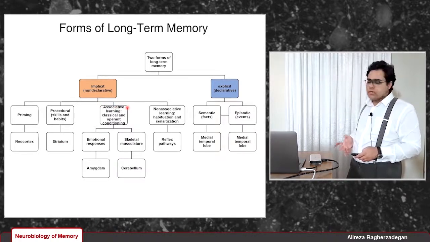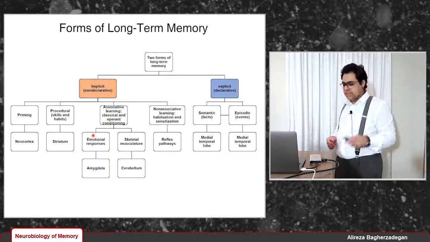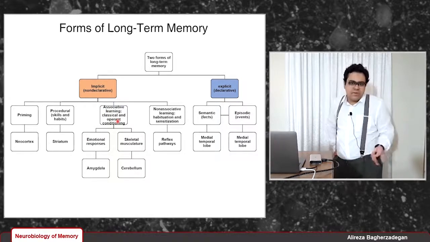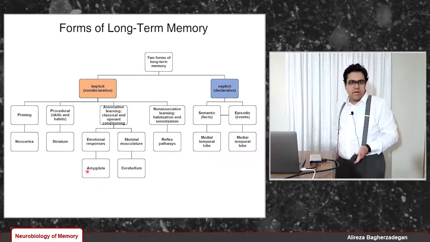Associative learning, for example classical conditioning, I'm going to explain the molecular and cellular basis in the implicit memory lecture. But for example, emotional responses are a type of classical conditioning. Fear, for example, is a type of emotional response, and it's controlled by the amygdala.